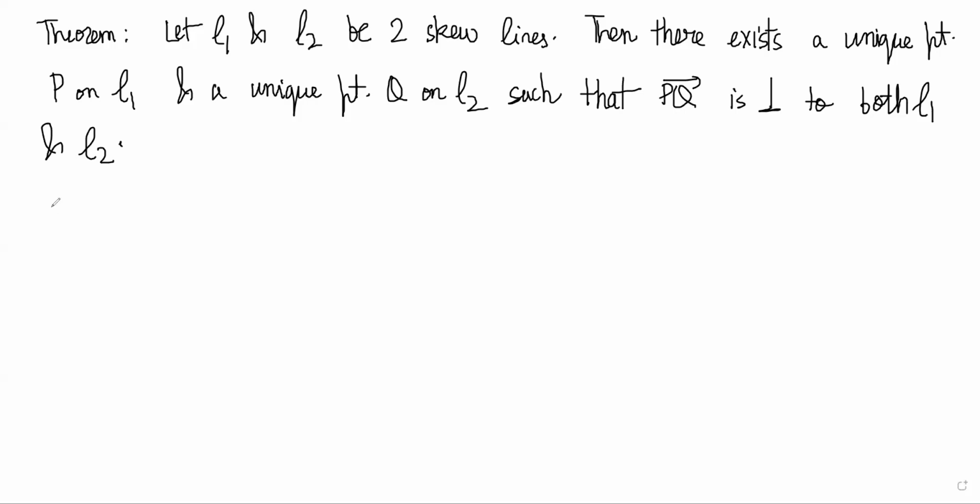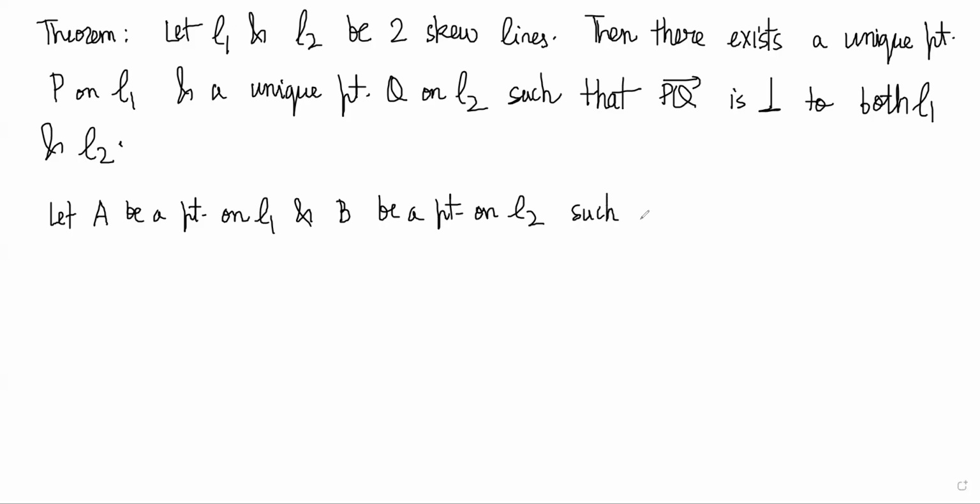So we say let A be a point on L1 and B be a point on L2 such that the OA vector from the origin to A is a vector and the OB vector is b vector. So the position vectors of A and B are small a vector and small b vector, right?